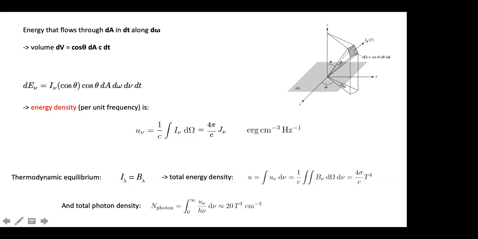The same applies if we want to transform this not into energy, but into photons, because sometimes it's useful not to know that in this volume we have this quantity of erg, of energy, but to say that in this volume we have this quantity of photons. This is very useful sometimes, and it is easy because this energy is the energy of radiation, and the relation between the energy of radiation and the photons is the energy of each photon.